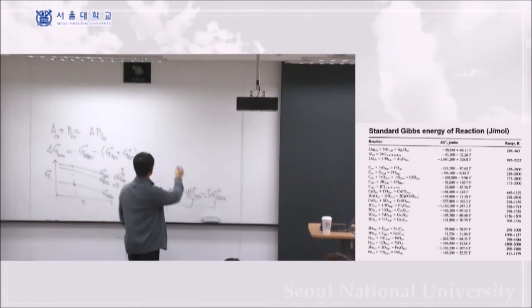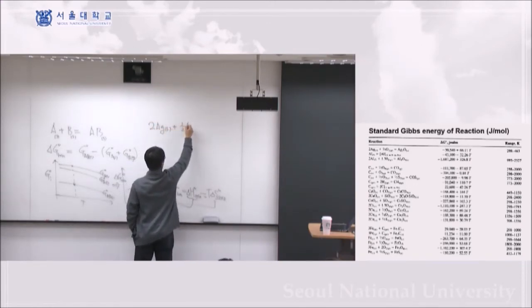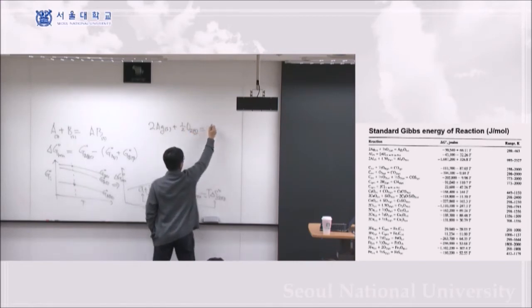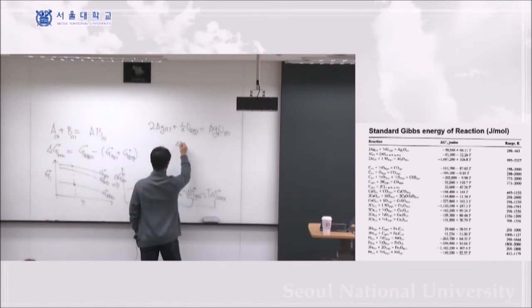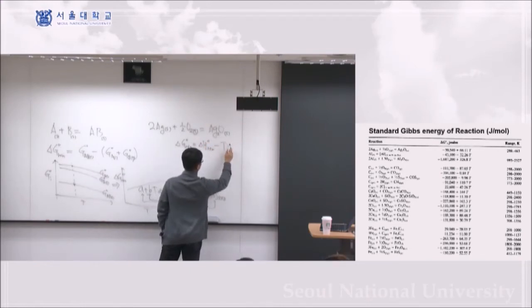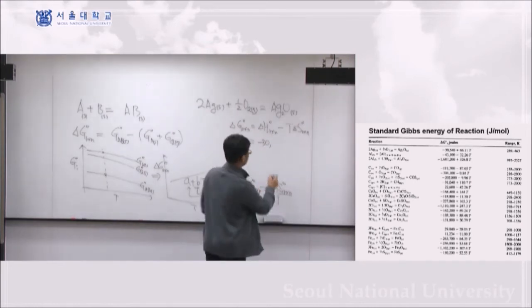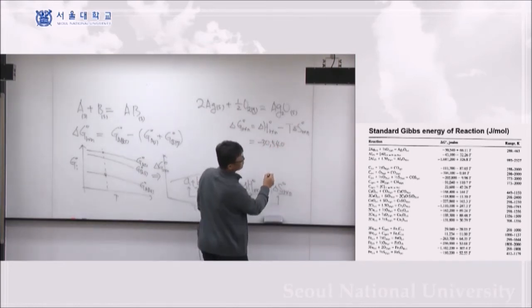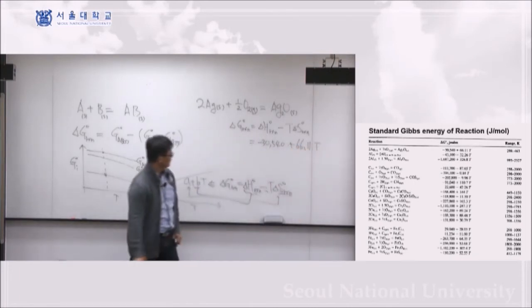So 2 moles of Ag solid, and this one, delta G, and this is minus 30,354 plus 66.1 T. Okay?